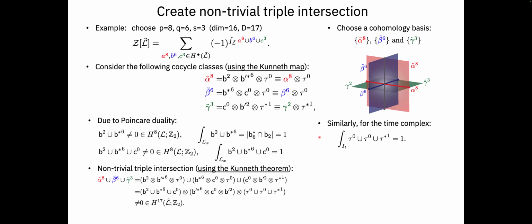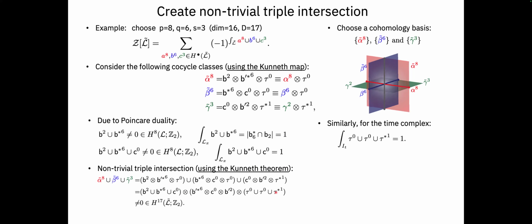And then you can use the Künneth theorem to represent the cup product of the tensor product of these classical cocycles as a tensor product of the cup products. So then you can evaluate the cup product in each factor of your tensor product.